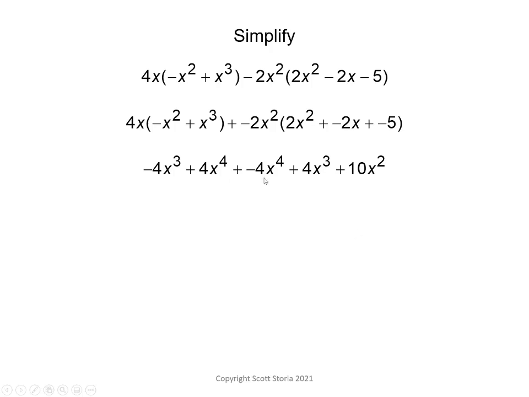Starting with my fourth degree terms, I have 4, but I've lost them also, so this is 0. I've lost 4x cubes, but I pick up 4x cubes, and again that's 0. So all I'm left with is 10x squared.